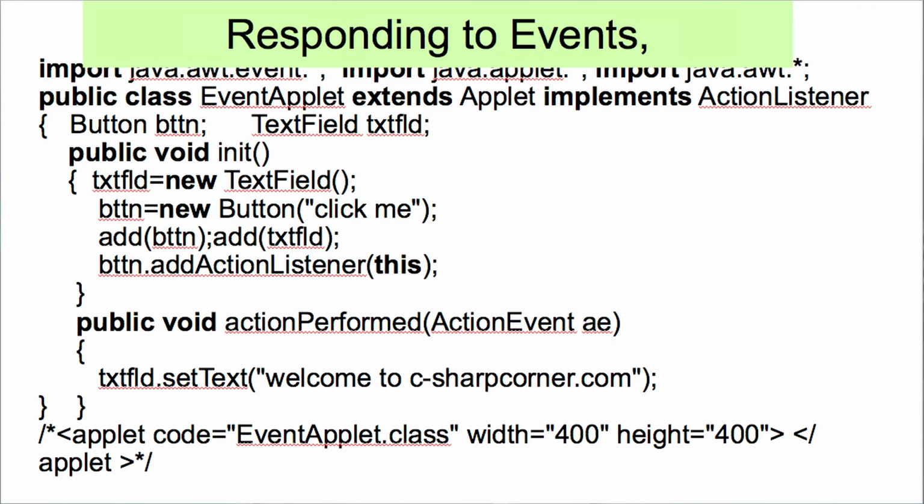Public class EventApplet extends Applet and implements ActionListener. So you can see here we are extending as well as implementing. Our class EventApplet is public and we are extending it from Applet, which means it is an applet class, and at the same time we are implementing ActionListener.